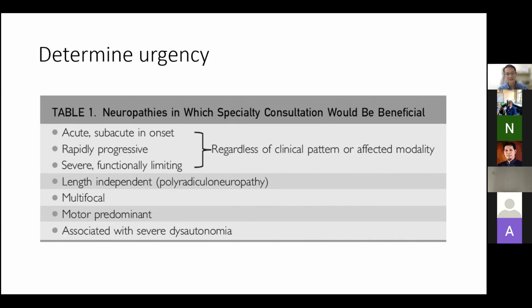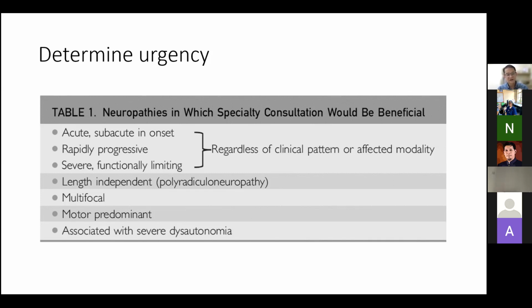So in diabetes, we call it length-dependent because your peroneal nerve, your tibial nerve, your sural nerve are longer than the nerves in your hand, which are your median, ulnar, and also your radial. So your leg will be affected first, and only later your hand. This is called length-dependent neuropathy. Length-dependent neuropathy, if the history is long, is normally non-urgent.